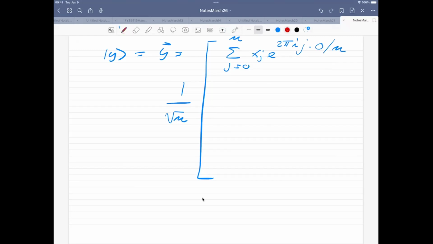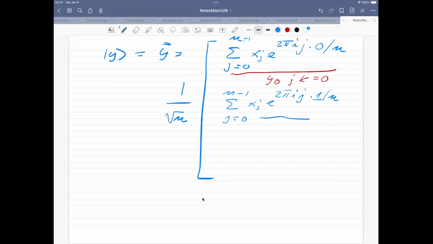So let's just mark that one. This is y0, with k equal to 0. Then we have the next component, which obviously has to be y1, with xj of e to the 2 pi i times j multiplied with 1 divided by n. So this will be the term with y1.